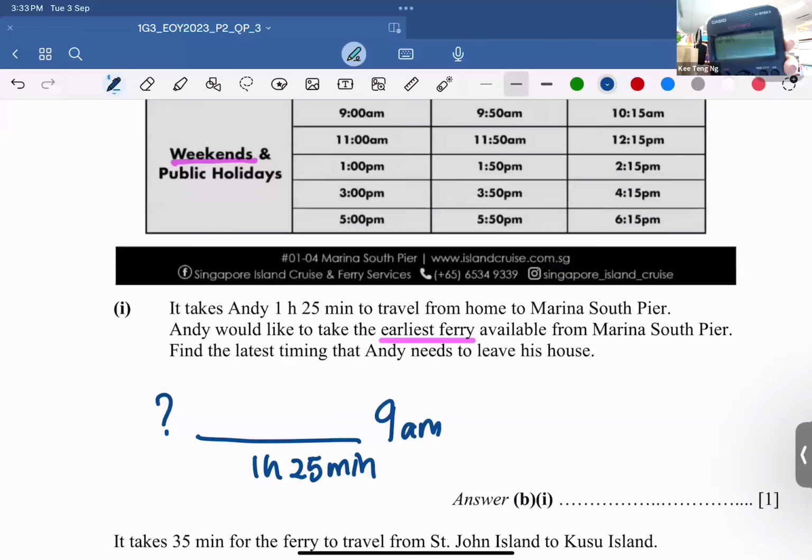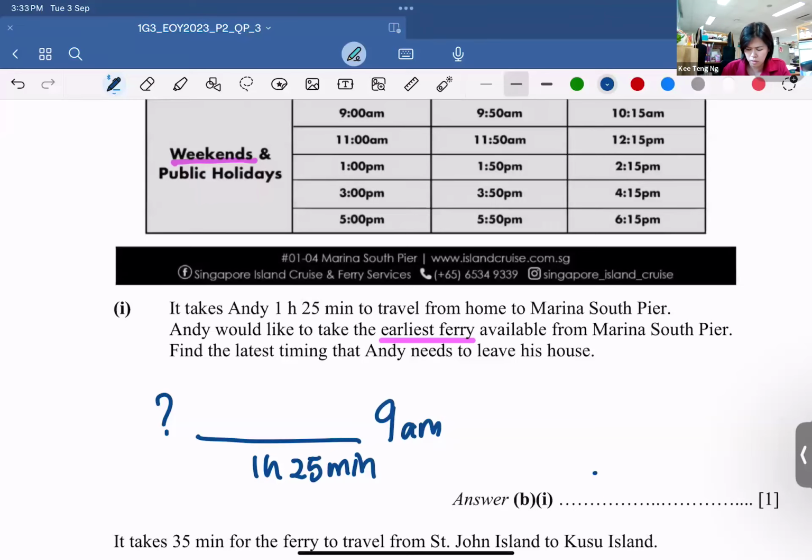Then minus away 1 hour, press the hour, then 25 minutes, press the minute button. Then press equal. The timing will be 7:35, so 7 a.m. 35 minutes.